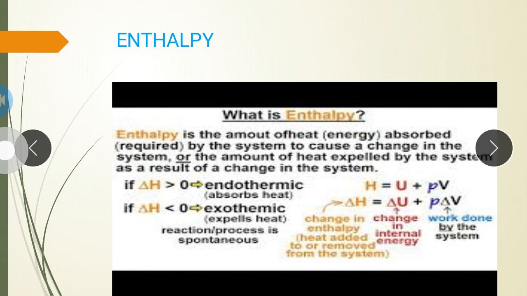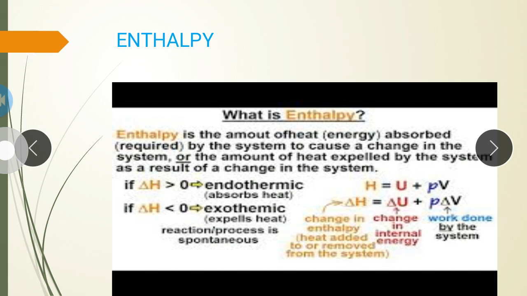So there may be so many changes that can happen in a system, like endothermic, exothermic, or absorption of heat or release of heat. Like that, there may be several changes in the system. So here enthalpy is the amount of heat absorbed or required by the system to cause a change in the system, or the amount of heat produced or released by the system.